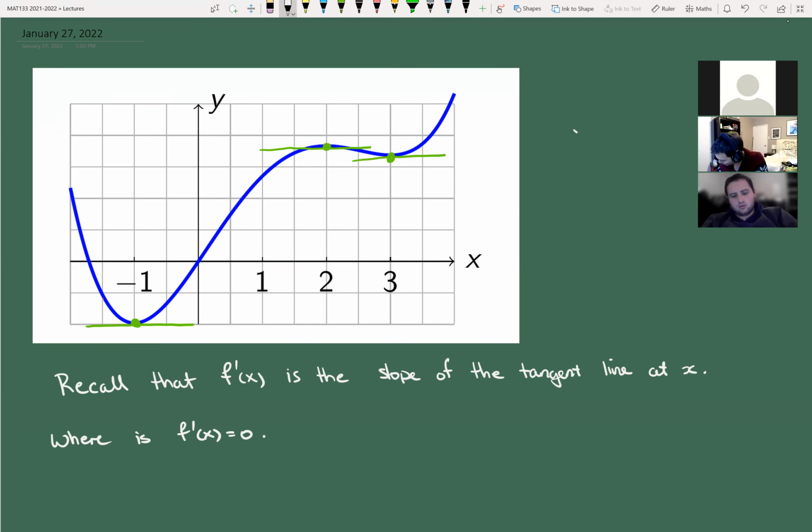So that is x equals -1, 2, and 3. And I believe that was answer A. Hopefully. Yeah, it looks right to me. So does that make sense? Are there any questions about that?